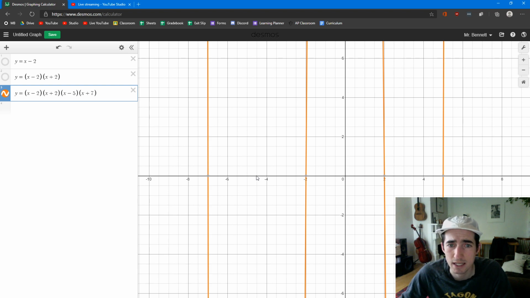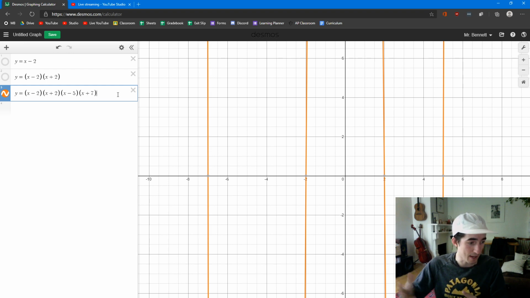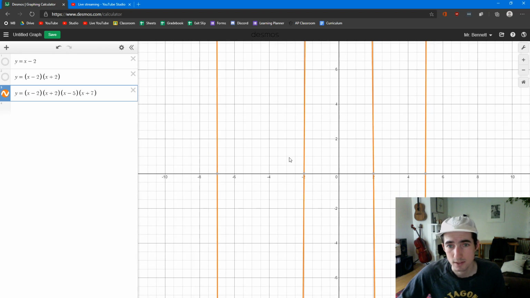So when x is equal to any of these values that are further away from the root, because we have so many x's, if I were to expand this out into one big polynomial in standard form, using the distributive property several times, then you'd notice that I would have a very large exponent. This is a degree 1, 2, 3, 4 polynomial. So this is a degree 4 polynomial, which means that we're going to be calculating x to the power of 4. So the numbers are going to get really big.